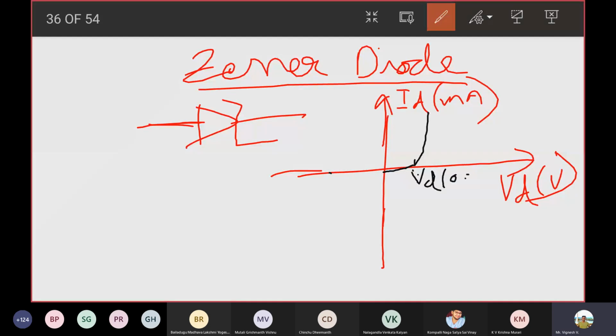For silicon, it's around 0.7 volts. In the reverse bias direction, it is 0 till a particular point where it breaks down, right? The current is 0 till a particular point, beyond which a breakdown occurs, right? And this you can call VD, again VD in the negative direction, right?